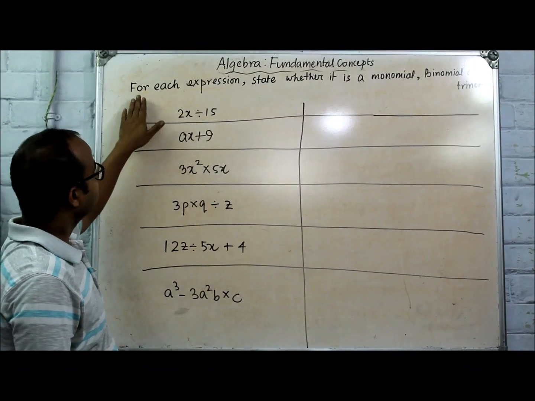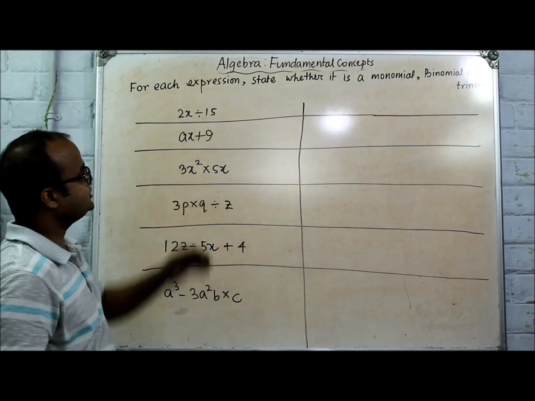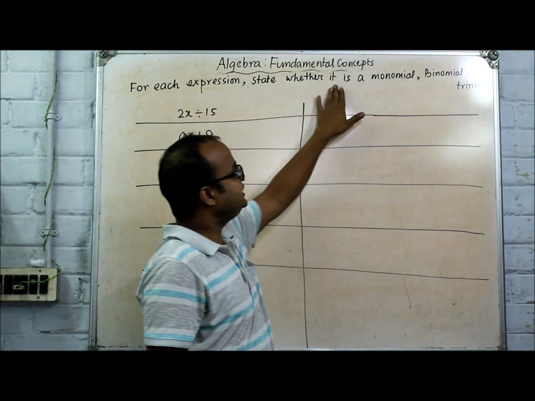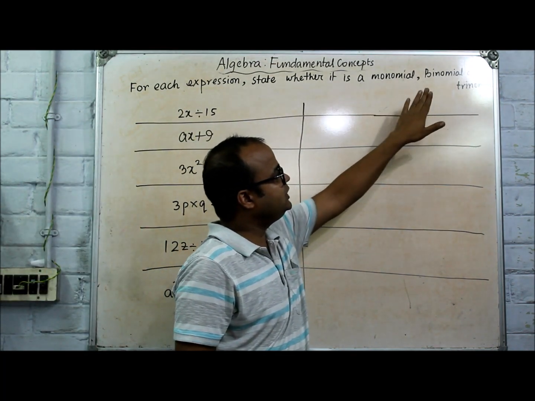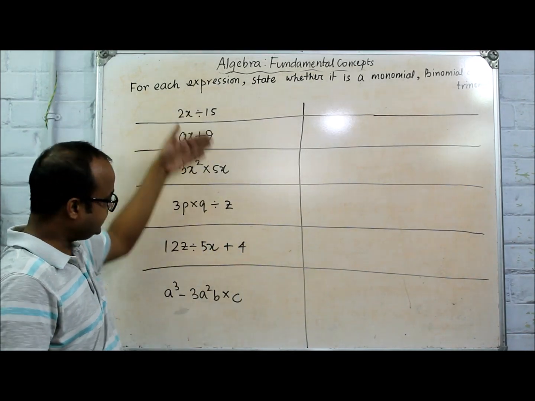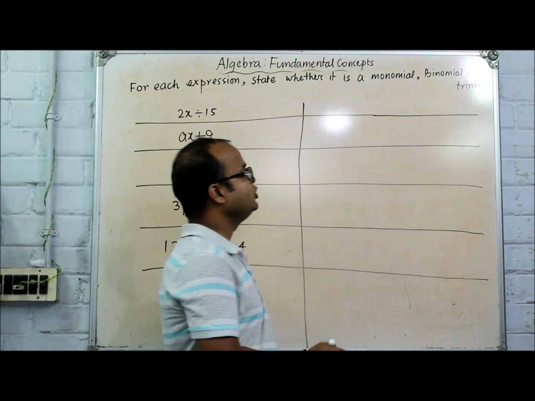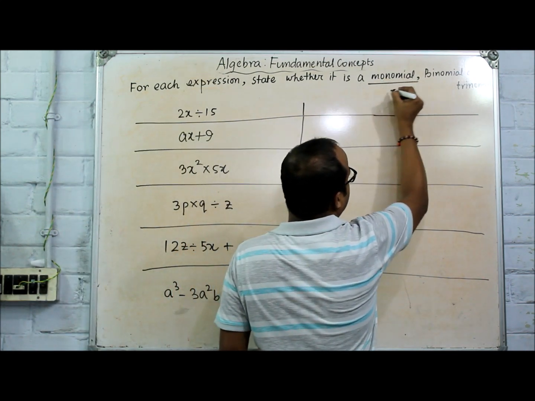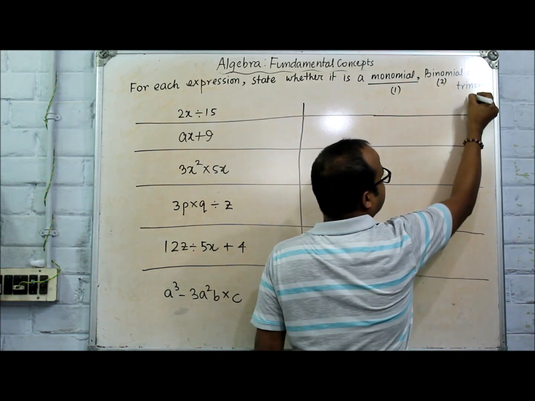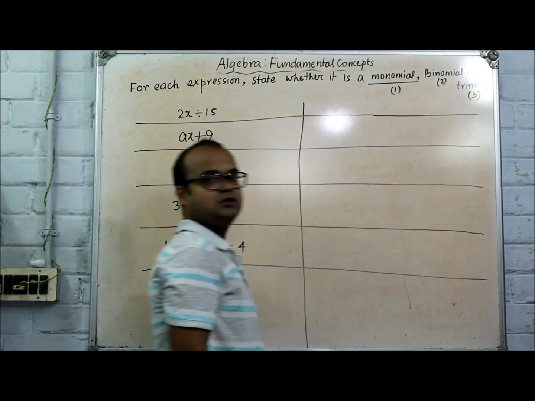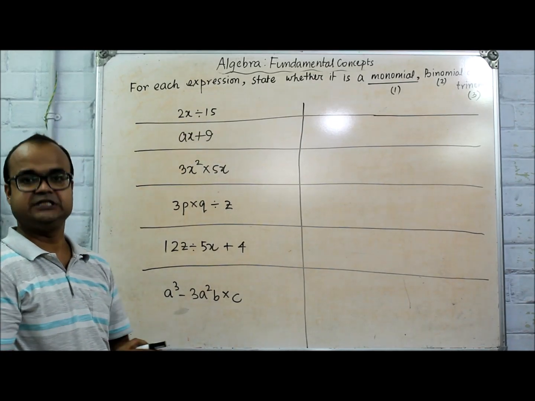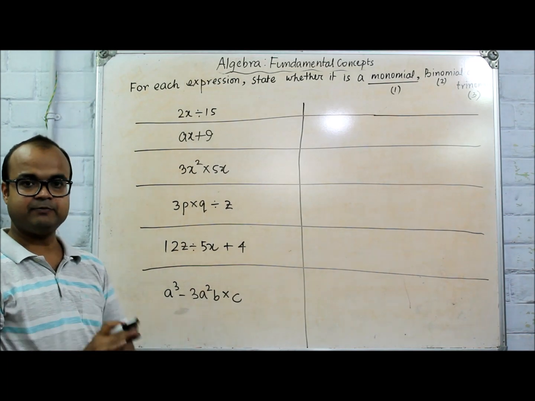In this sum, what is the instruction given? For each expression, state whether it is a monomial, binomial or trinomial. We need to classify this expression: monomial if it has one term, binomial if it has two terms, trinomial if it has three terms. 2x divided by 15.